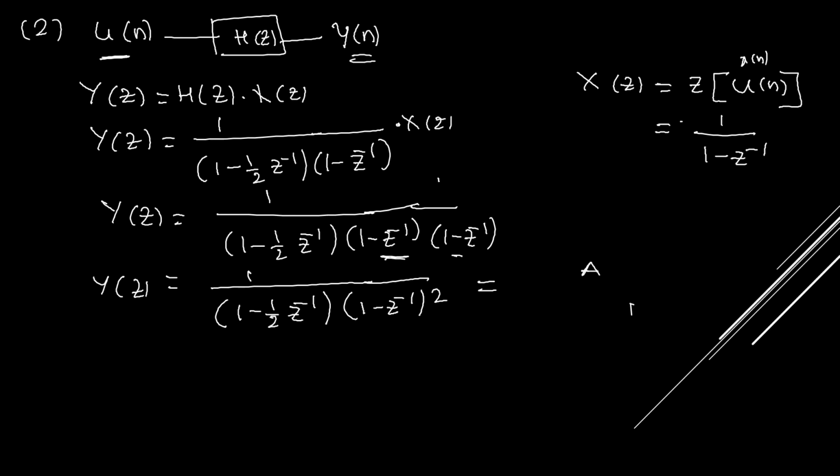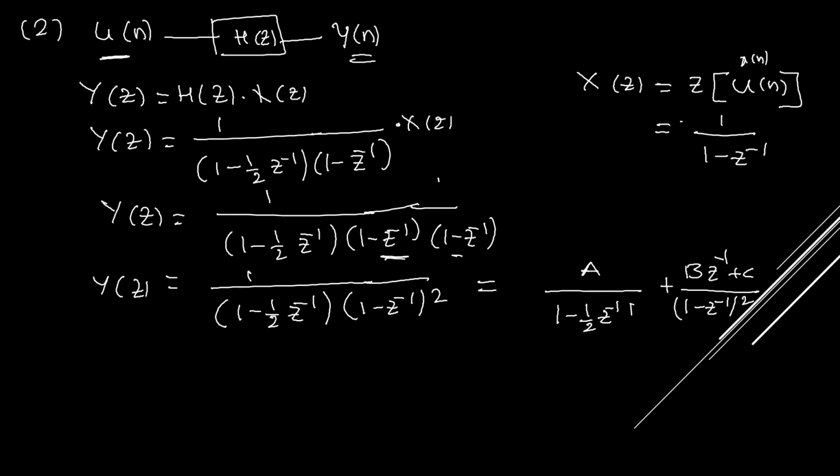And simplify this. I can write A by (1 minus 1 by 2 z power minus 1) plus B z inverse plus C by (1 minus z power minus 1) whole square.